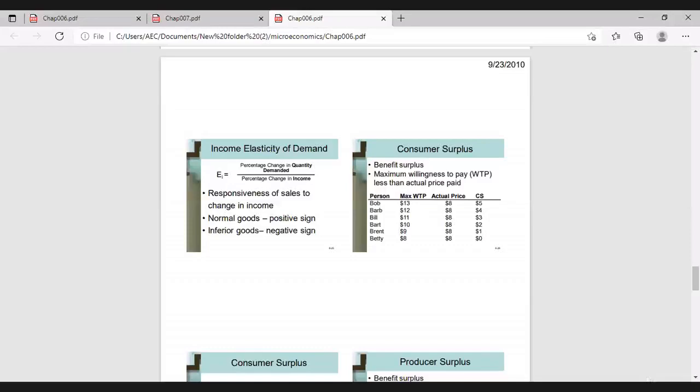But there are buses also. Luxury buses are there, but when the income increases, people don't go by bus.